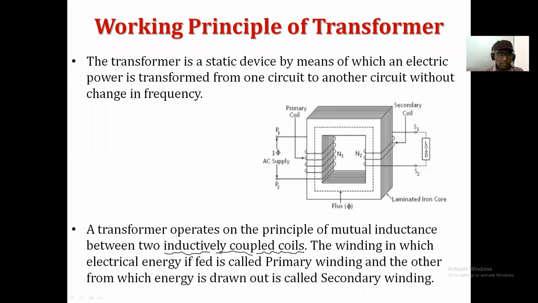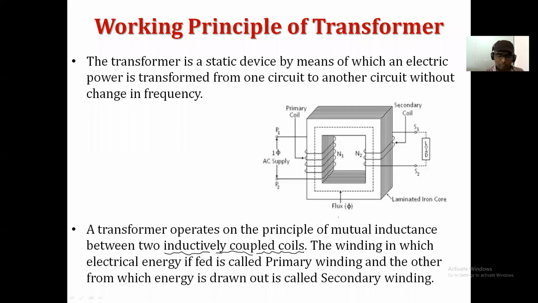The winding in which electrical energy is fed. What to call primary and what to call secondary is given here. The winding to which the electric energy is provided is called the primary winding, and the other, from which the energy is drawn out, that is, delivered, is called the secondary winding.